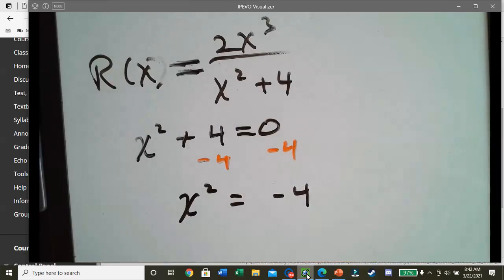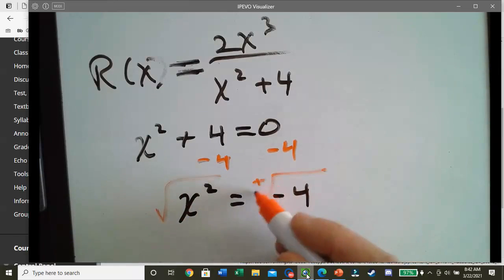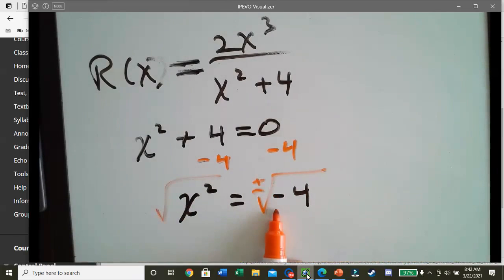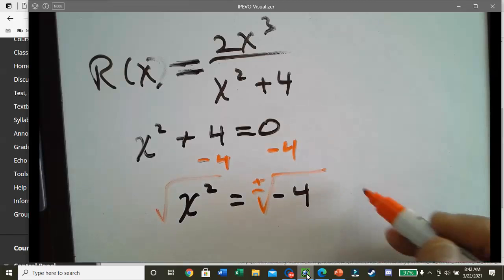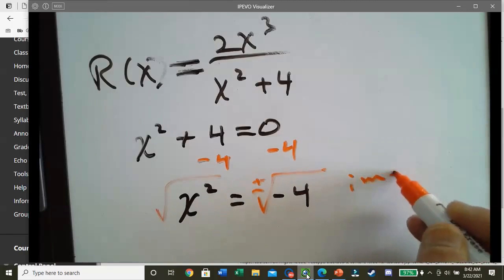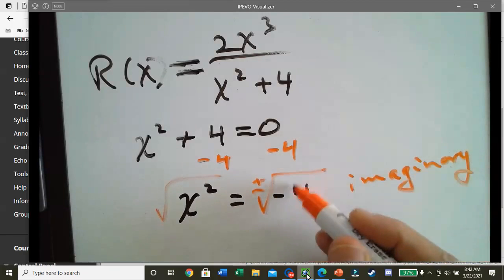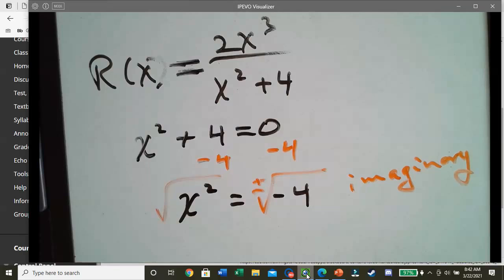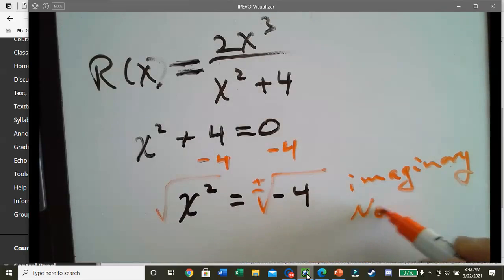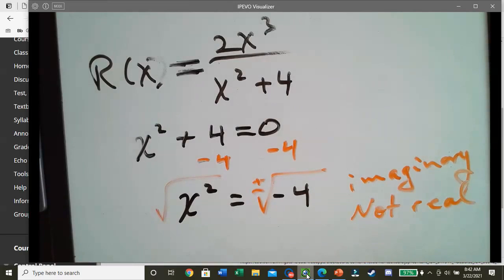And then what do we do? Apply the square root. But what happens? It's imaginary, right? Why would it be imaginary? Because you got a negative inside the radical. And if it's imaginary, that means it's not real. So if it's not real, that means there is no asymptote.